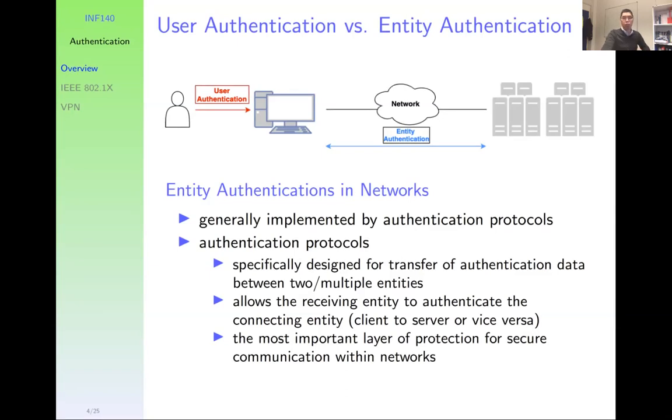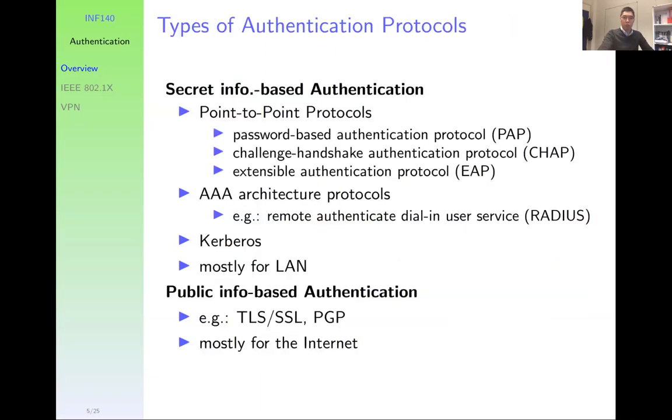Also, it can go back and forth, allowing this entity to authenticate that entity. And there are many network authentication protocols. As I mentioned, they are implemented at different layers of the communication layer stack. So we will just go through some basic ones and introduce one or two of them.